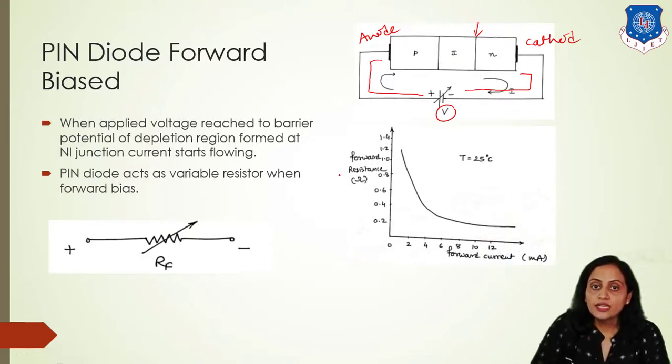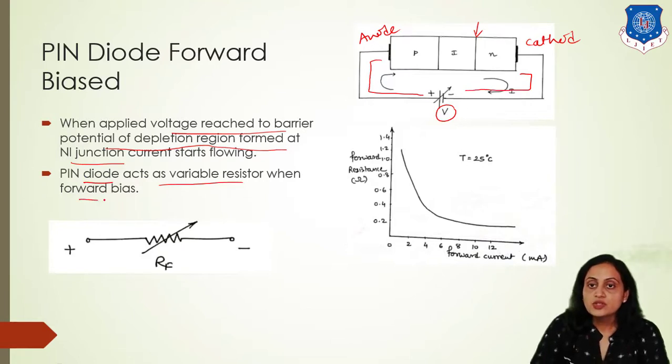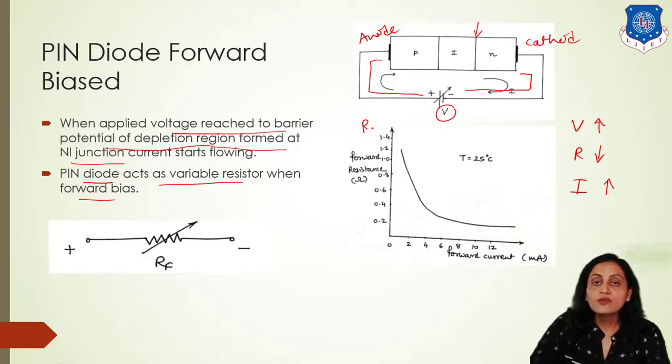So when applied voltage reaches the barrier potential of the depletion region formed at the NI junction, current starts flowing, and PIN diode acts as a variable resistance when it is in forward bias. So what happens? As we increase this applied voltage, the resistance offered by the PIN diode is going to decrease, as the current flowing through this PIN diode is going to increase, and that is shown with this characteristic which shows the variation of the resistance with the application of voltage and the forward current.